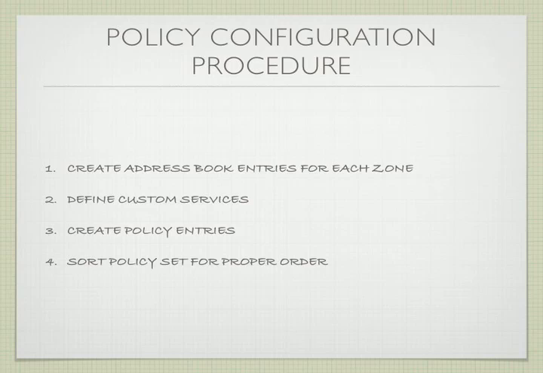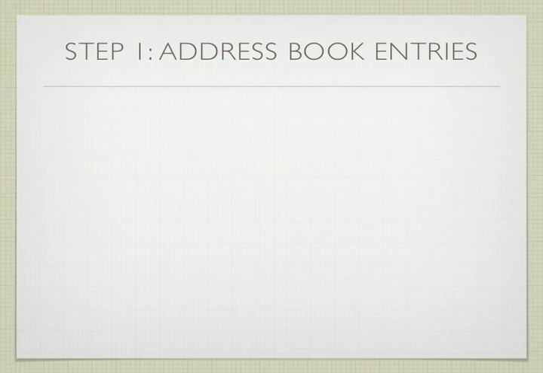You will need to make sure that the exception rule is first to allow those people, and then the deny rule is second. Otherwise, everything gets denied and processing stops. So the order of the processing is important. First match and you're done. It's not like routing where the most specific match always wins. First match and you're out. Processing order matters. Okay, so step one is going to be to create some address book entries.